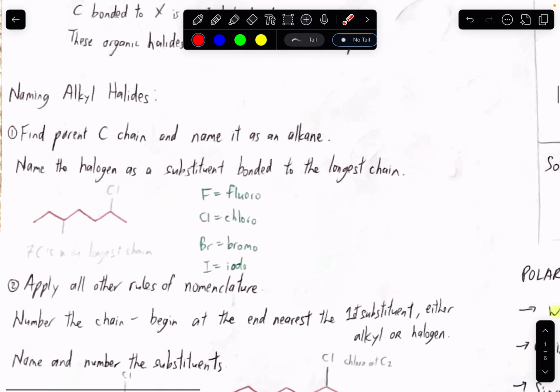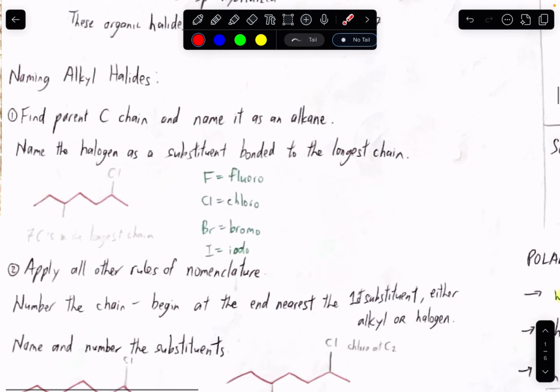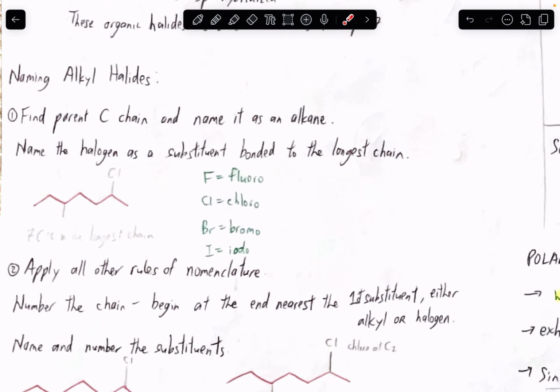So what about the naming of alkyl halides? When we say naming, at least in my institution, the standard is you're supposed to follow the IUPAC way of naming. It is similar to naming hydrocarbons.